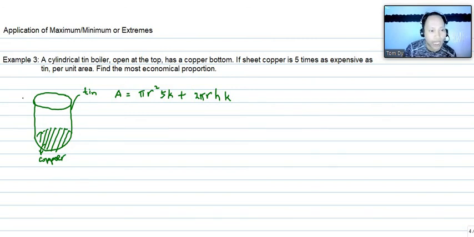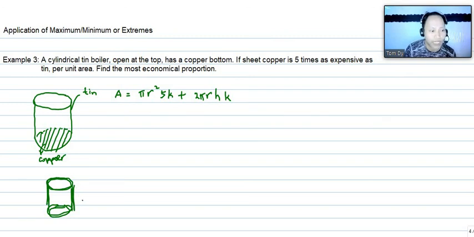So take note, this one is the cylinder, this part and this part. So 2 pi r is the circumference times the height.